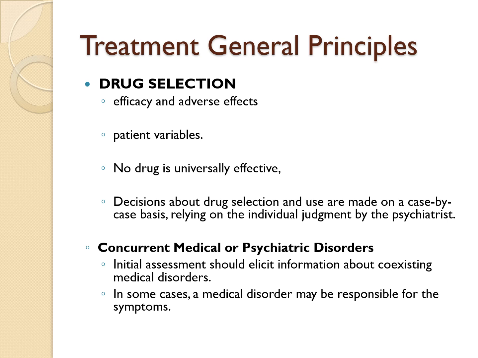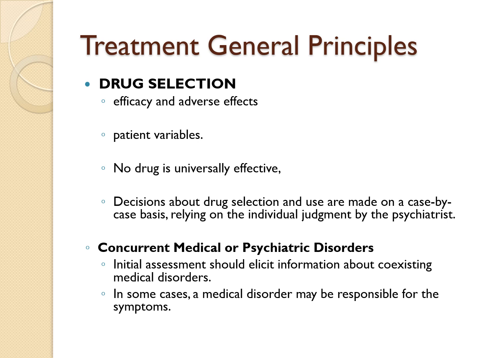So while you are going to treat the patient with anxiety disorder, some general principles should be considered. For example, for drug selection, efficacy and adverse effects should be kept in mind. Patient variables like age, sex, and whether the person has comorbid physical or psychiatric illness should be kept in mind.